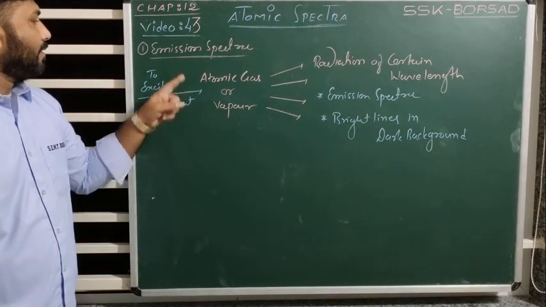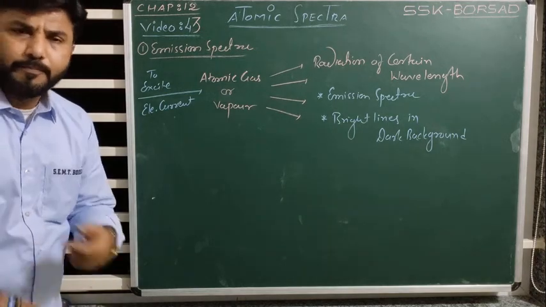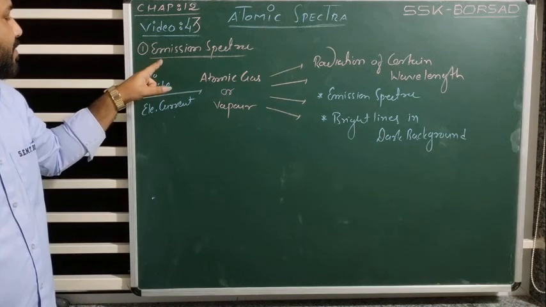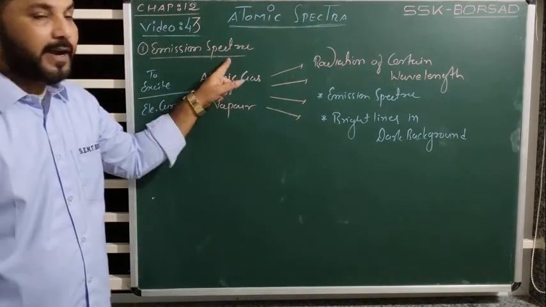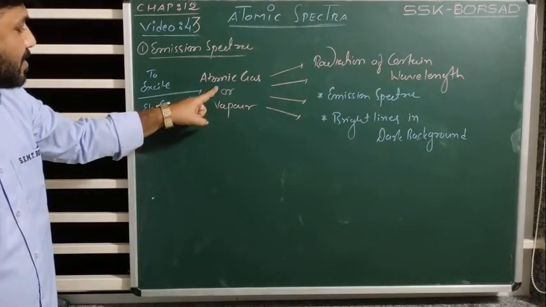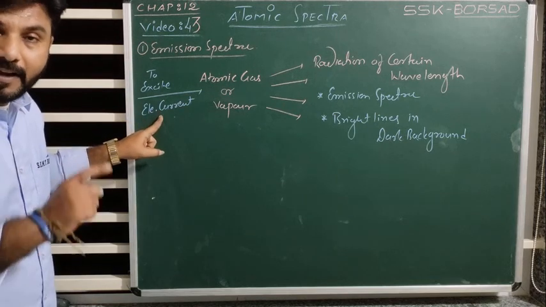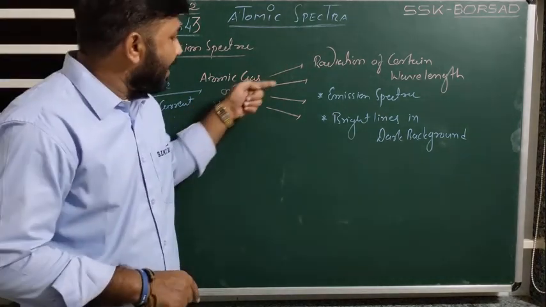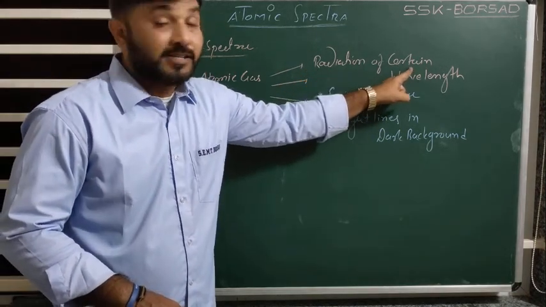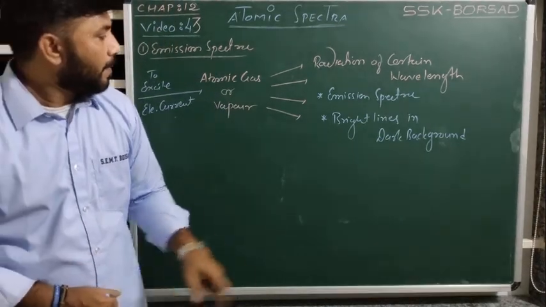Okay, so this is about emission spectra. Simple. Again, atomic spectra are of two types. Out of these two, first is emission spectra. How to obtain emission spectra? When atomic gas or vapor is excited by passing electric current, then it emits radiation, and this radiation has a certain value of wavelength. Got it?